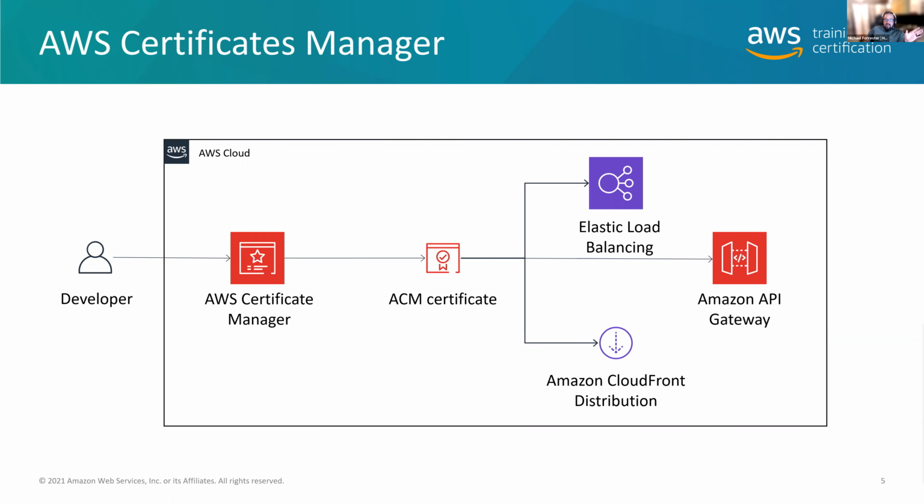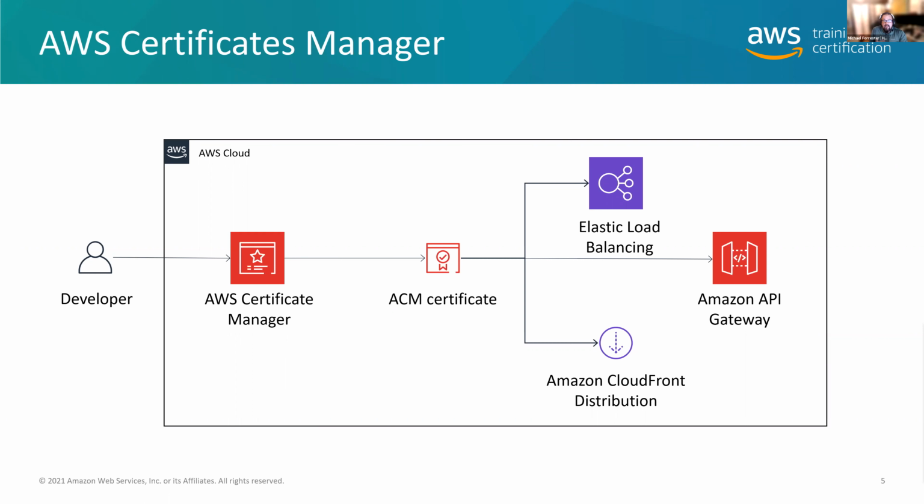With ACM, from a programmatic standpoint, you can just request a certificate and deploy it on an AWS resource, such as a load balancer, CloudFront, EC2, or API Gateway, it doesn't matter. It also allows you to create private certificates for your internal resources and manage all of these certificate lifecycles centrally. Public and private certificates are provisioned through ACM, and you only pay for the resources you create to run your application.